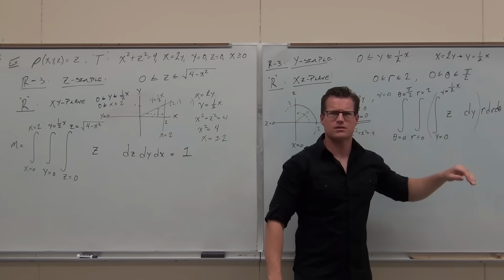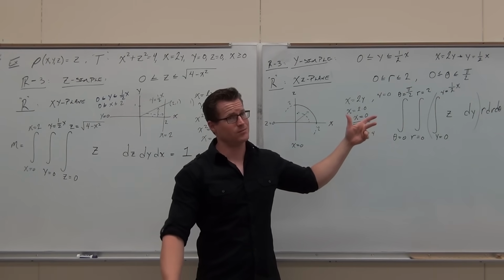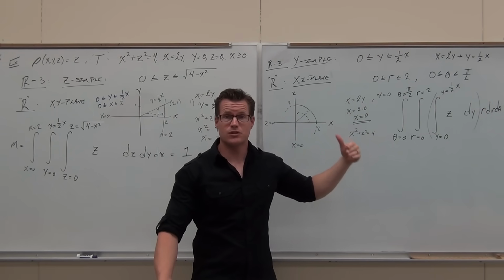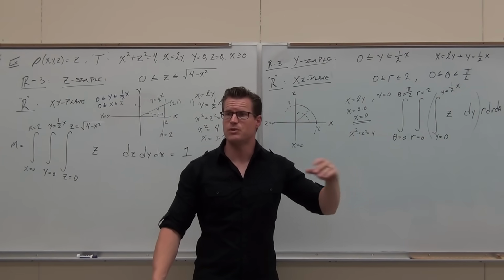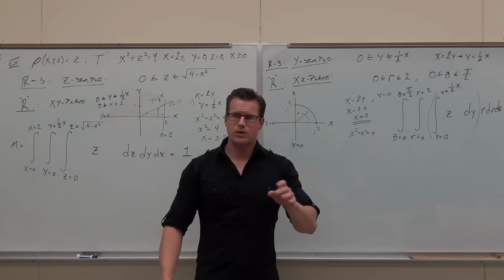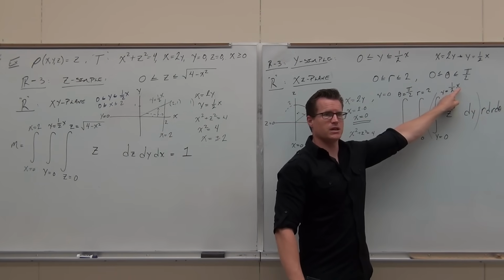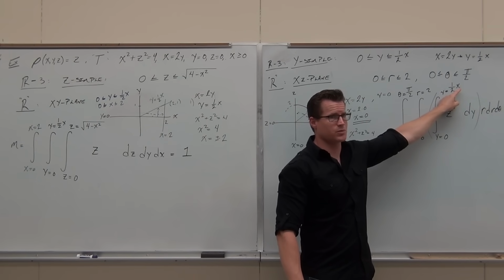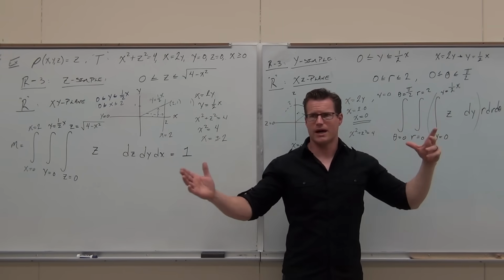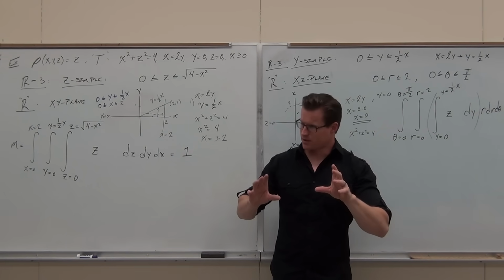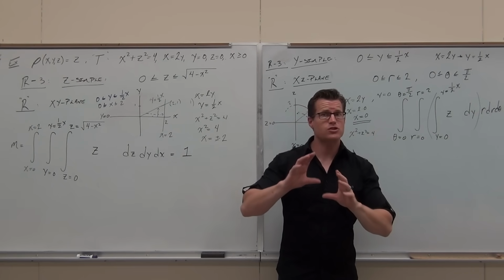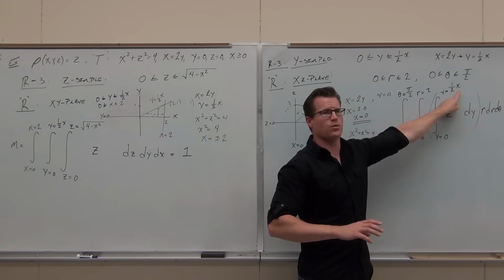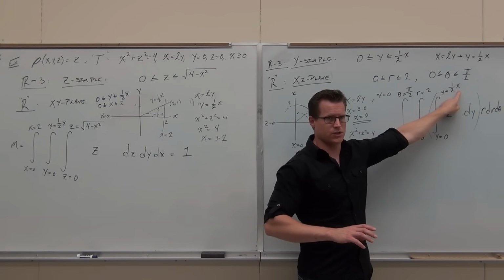Hey, what is x? You can switch it right now. Do you have to switch it right now? No, you don't. You can switch it later, but you will be switching it. Some books make you switch it right now. Some books make you wait till later. It depends on the textbook. You can do either way for me. I don't care. But understand the concept. That's a big deal. The way I've showed you, you should be switching that right now to r cosine theta.